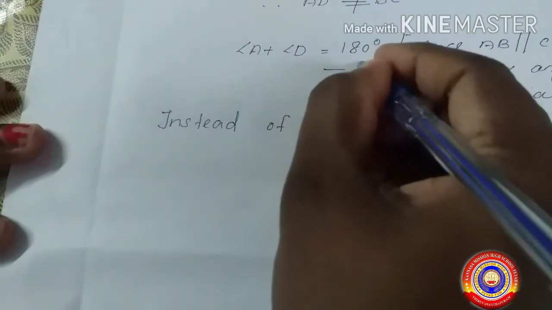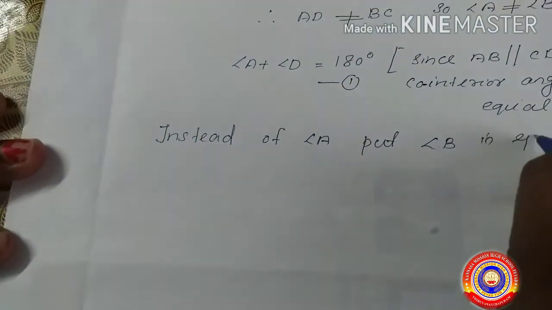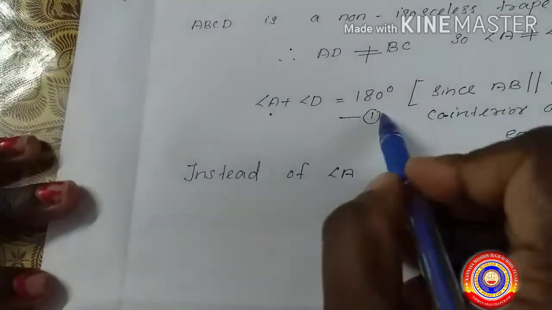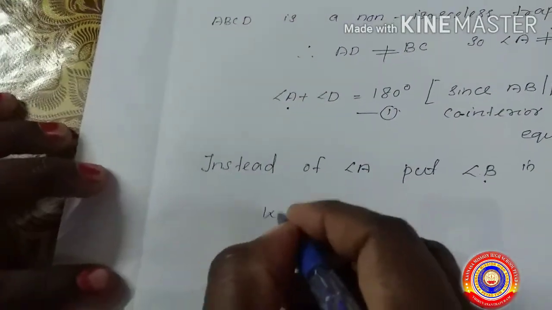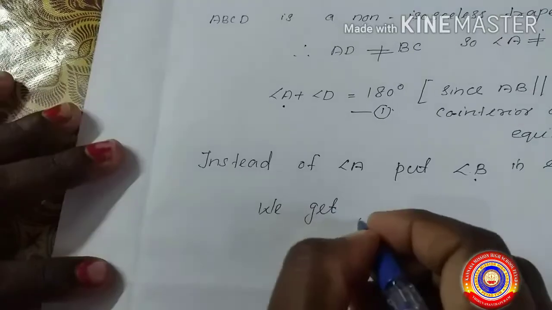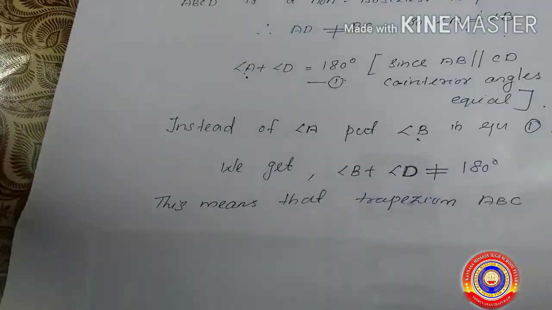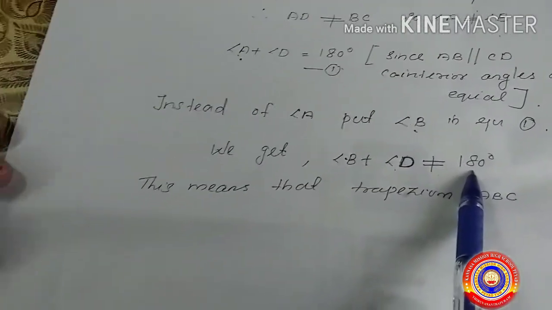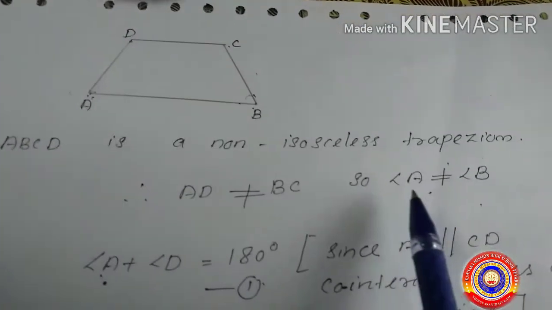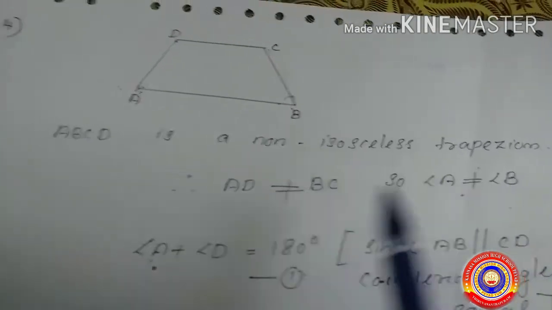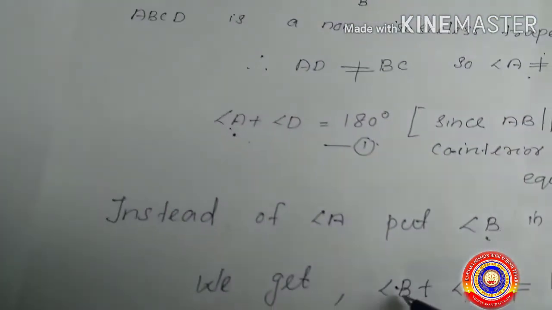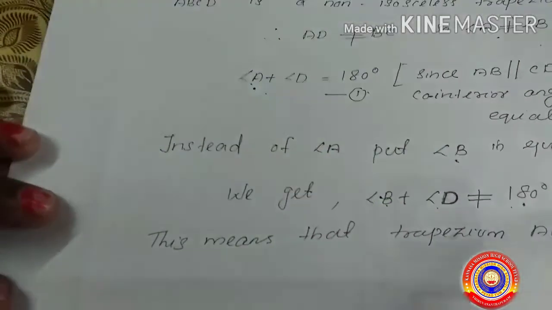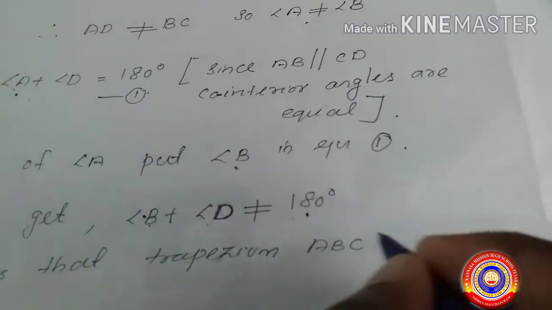Here in this equation, instead of angle A, put angle B. Here given that angle A is not equal to angle B, so we put angle B in equation number 1. We get angle B plus angle D is not equal to 180 degrees.